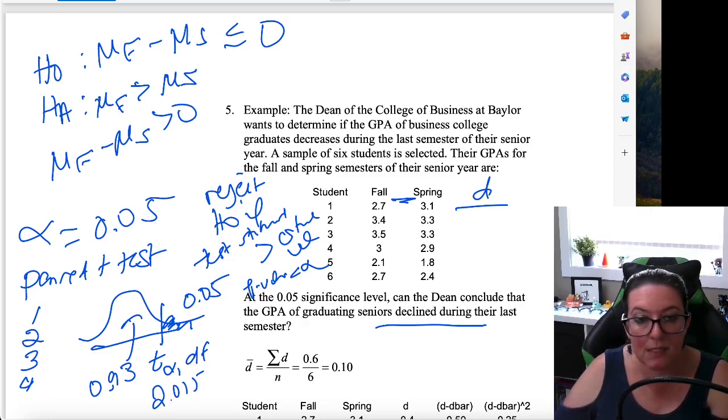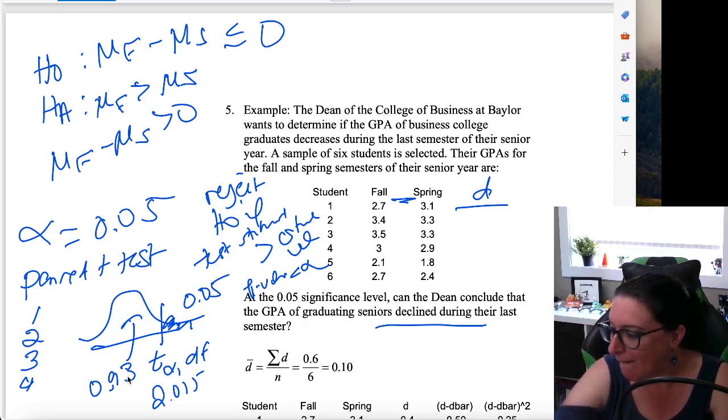Well, the test statistic 0.93 is less than the critical value, so we fail to reject the null hypothesis. In fact, if you look at the data here, based on this tiny sample size, a lot of these people's GPAs went up for the spring semester. Okay.